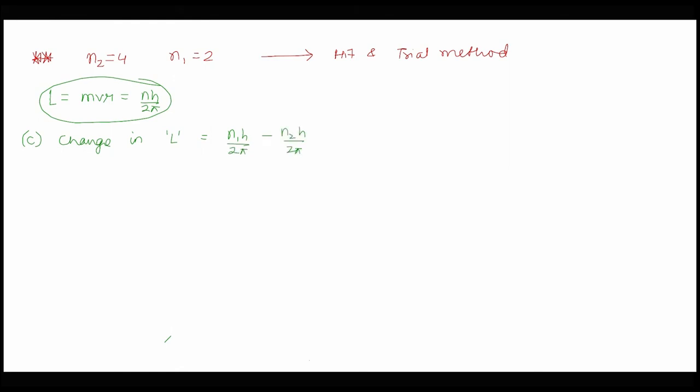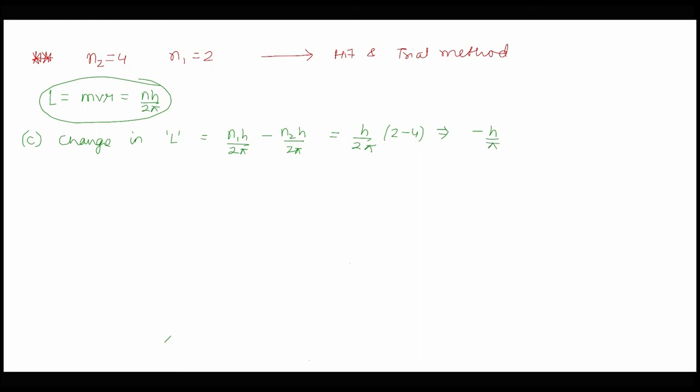So if we do this, we obtain h upon 2 pi times (2 minus 4), and we write this value as minus h by pi. So if the magnitude is asked, we can say that the change in angular momentum is h by pi.